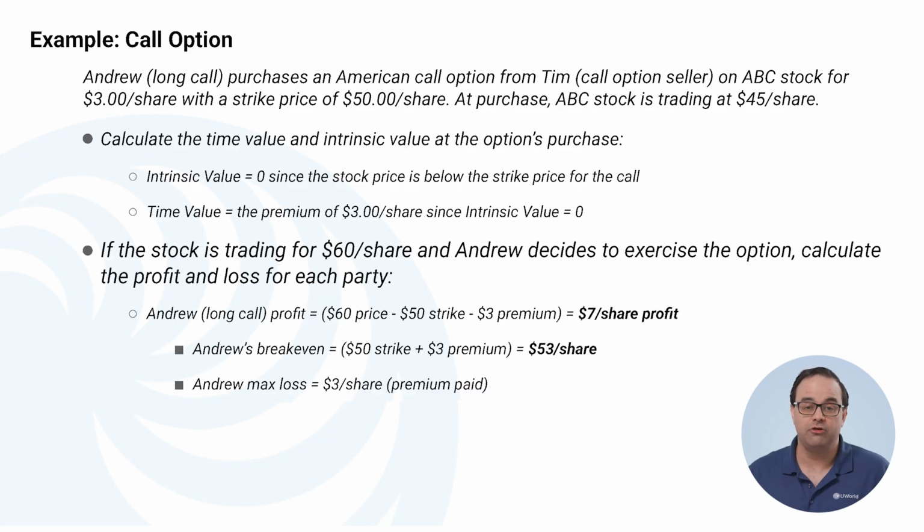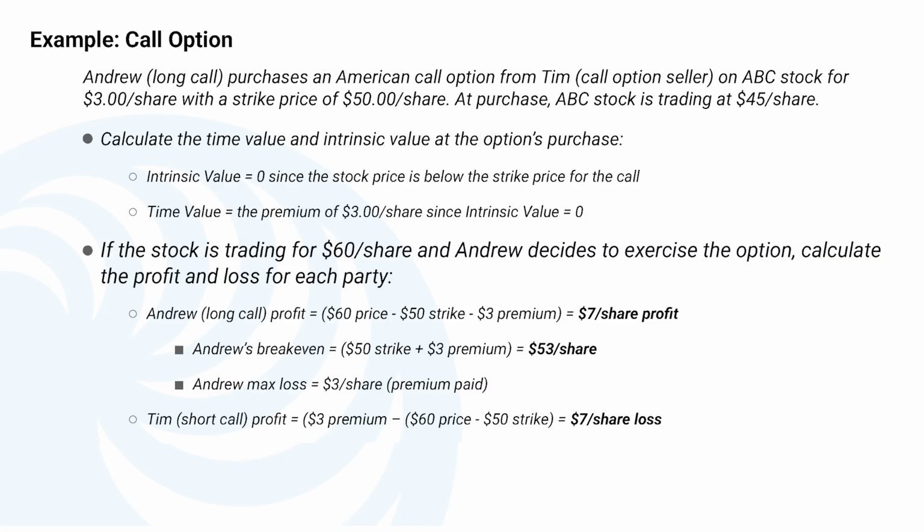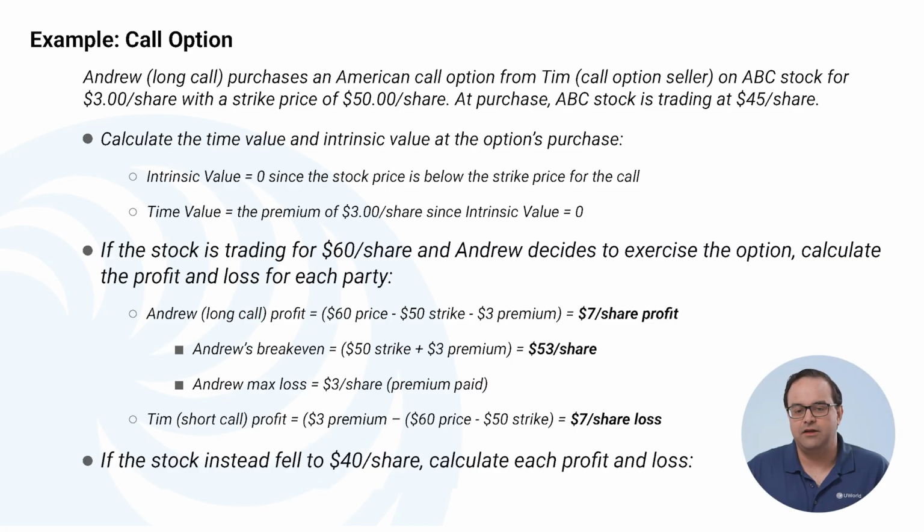On the short side, for the dealer, Tim, in this example, the loss would be $7: the $3 per share that he collected, less the $10 in the moneyness of the option, which is the $60 less the $50 strike price.